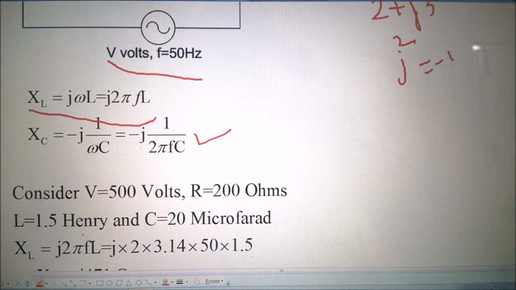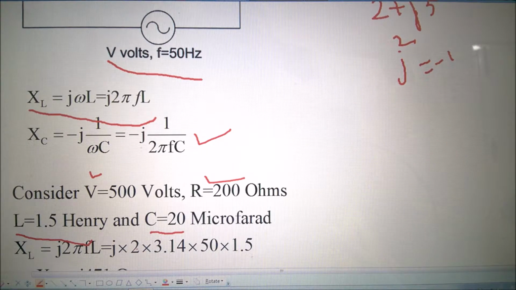And then let us consider one simple example. Suppose this voltage V is equal to 500 volt, resistance R is 200 ohm, L is 1.5 Henry and capacitance is 20 microfarad.